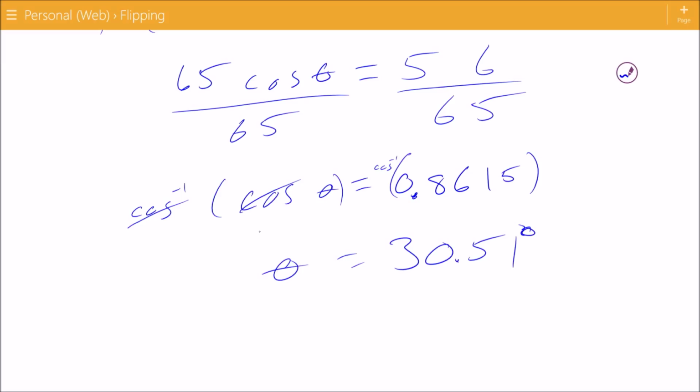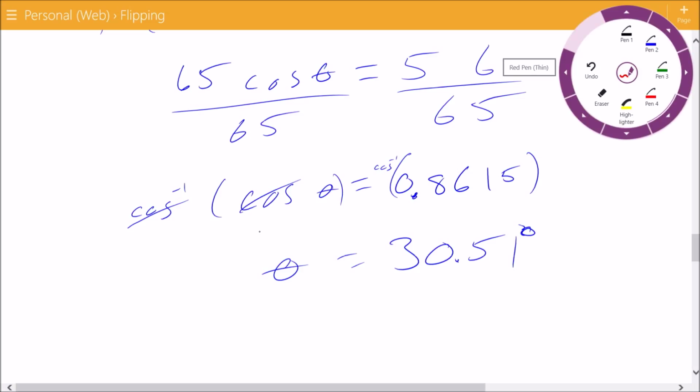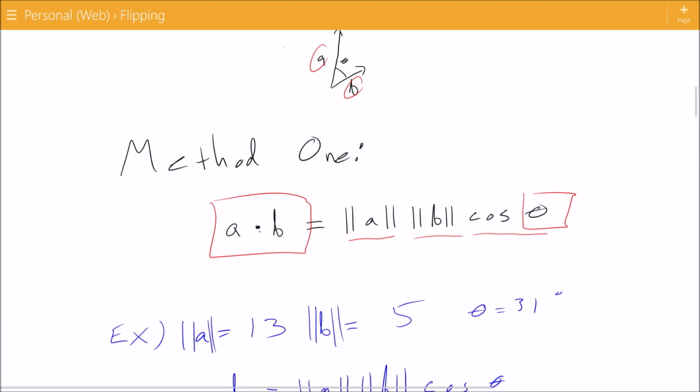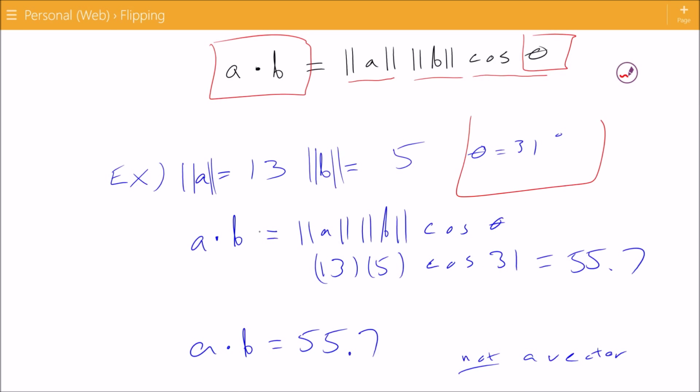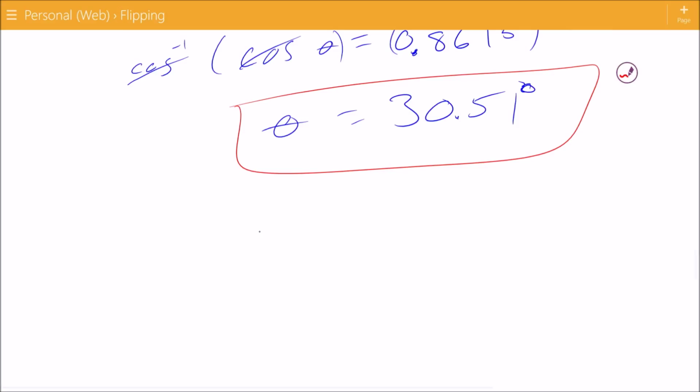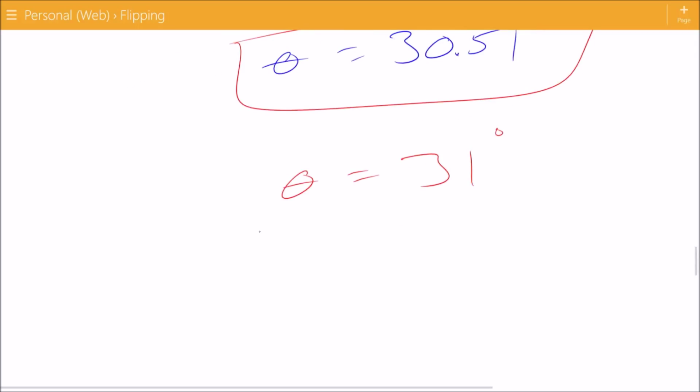And this is not that far off from what we saw when we originally plugged in back here. Theta equals 31. If we round this 30.51 to the nearest degree, that would be 31 degrees. So that's the power of the dot product. It's fairly easy to compute, and then you are able to use that to find the angle between vectors.